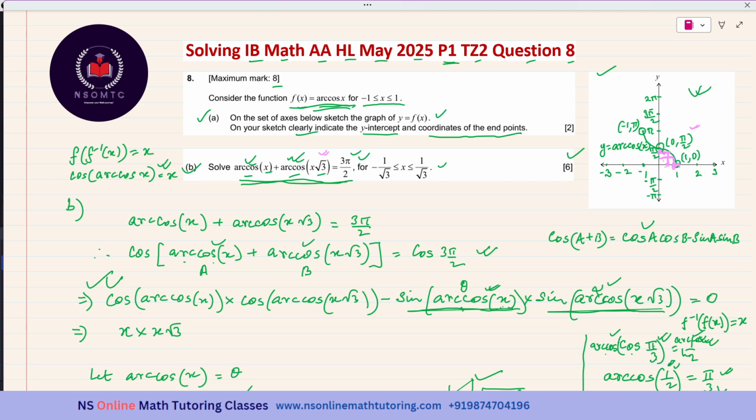So these two added together will not be equal to 3 pi over 2. This way also you can try to find out which value of x you should be eliminating, or else if you know the values of the trigonometric ratios of standard angles, then you can directly put in the values and see if the summation is equal to 3 pi over 2 or not.